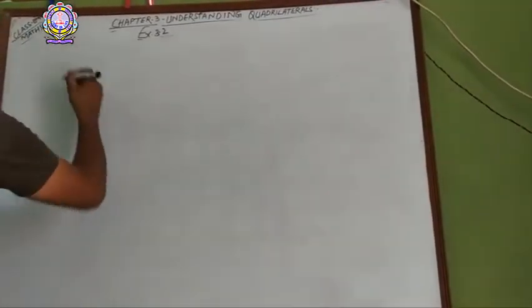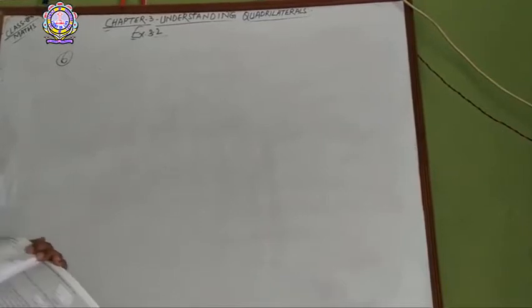Okay, let us read the question. Question 6. One side of a parallelogram is 14 centimeter and its perimeter is 48 centimeter. Find the length of the remaining 3 sides.